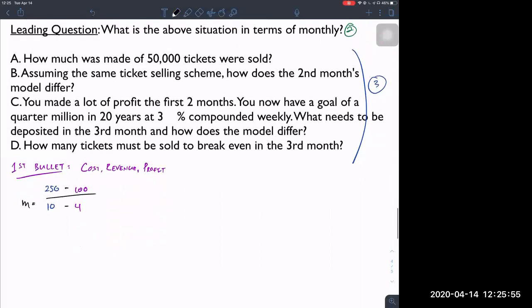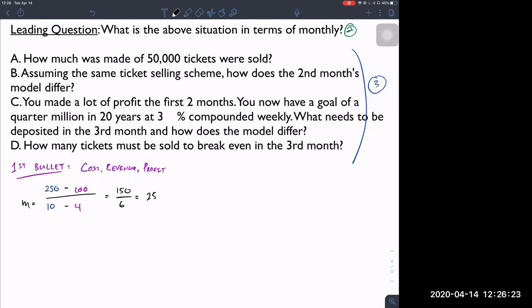Okay, so those are 2 points, and this is the slope. And then now, what is this? 250 minus 100 is 150, over 6. And this boils down to what? 25, I think. Yeah.